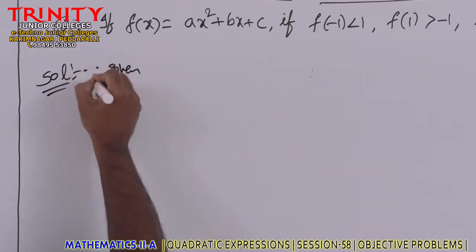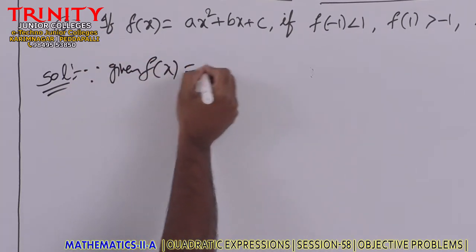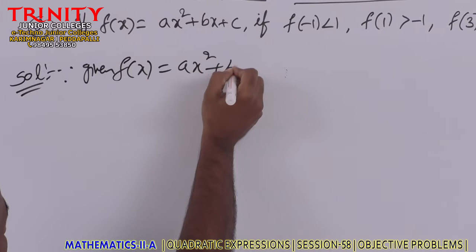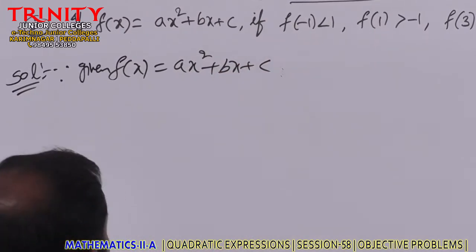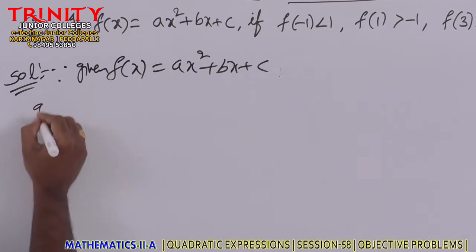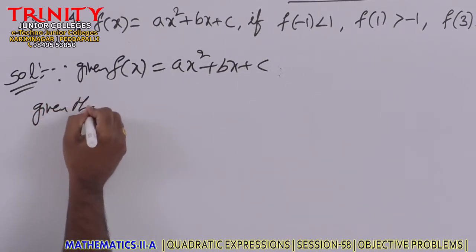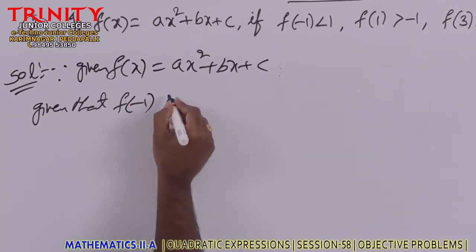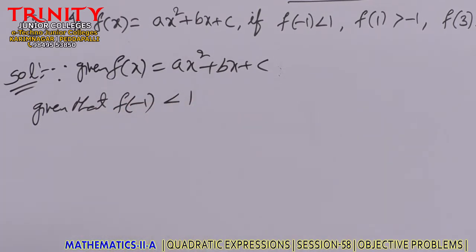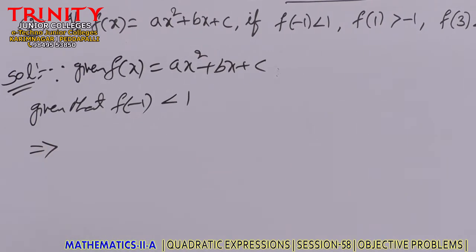Since f of x is given as ax square plus bx plus c, given that f of minus 1 is less than 1. First, what is f of minus 1?